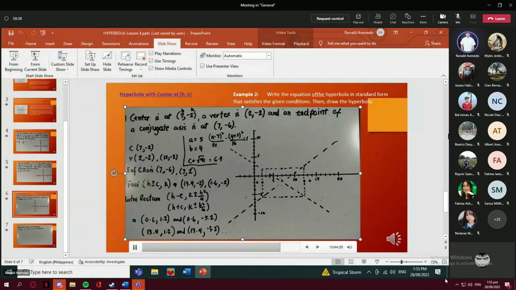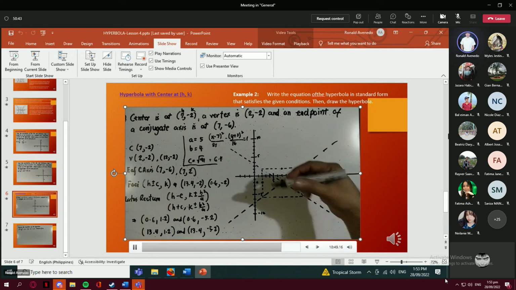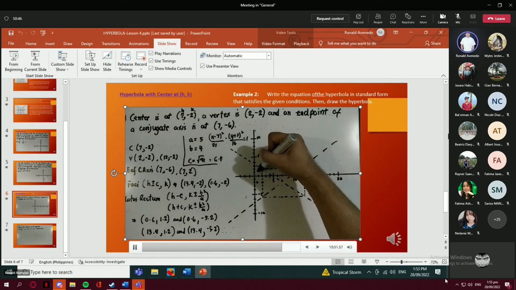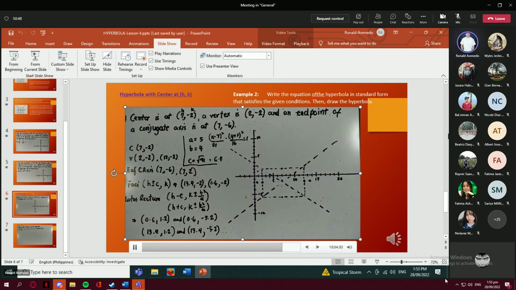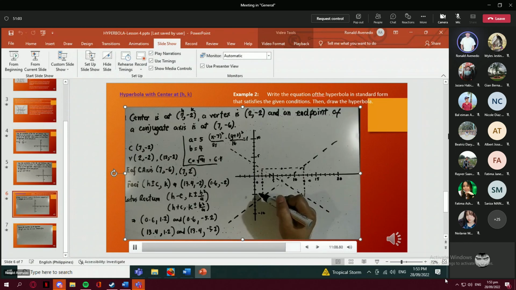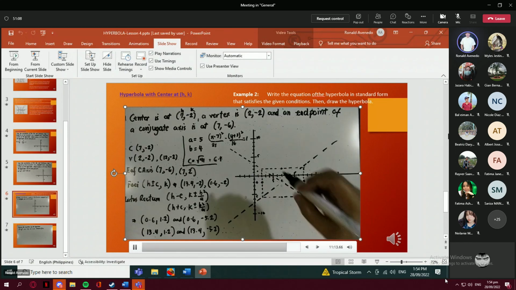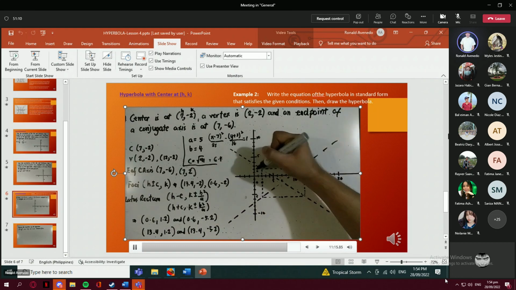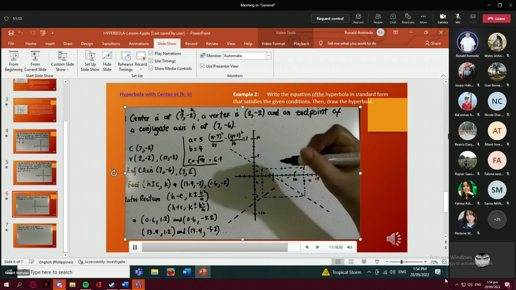So let us plot the latus rectum. 0.6, 1.2, here lang. Too close. Then the other one is 0.6, negative 5.2. So let's connect them so we don't get confused.